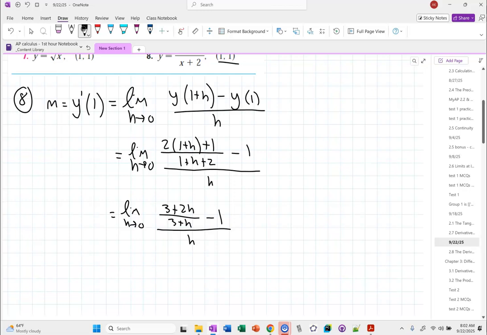The best way with the complex fraction is to simplify it, and the easiest way is to multiply by the least common multiple of the denominators. There's really only one denominator that matters, 3 plus h, because the others are just 1s. So I'm going to multiply the top and bottom by 3 plus h.